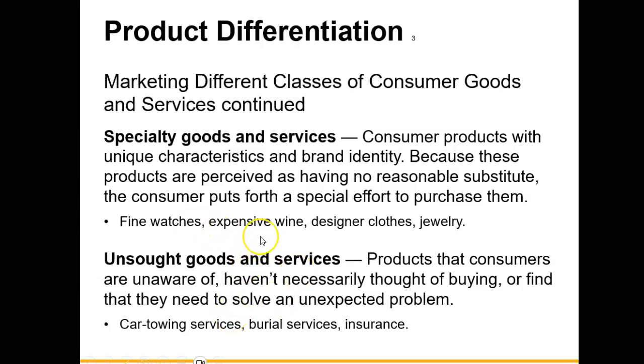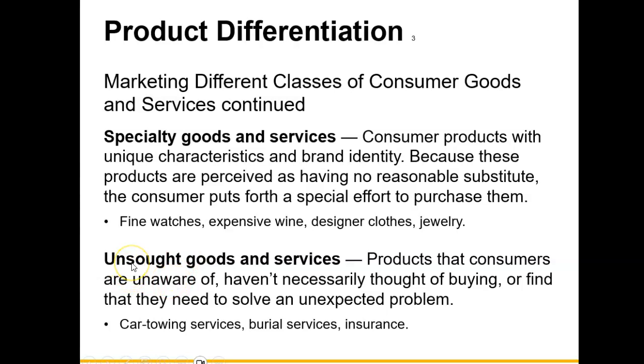Expensive wines. Perhaps you have a favorite wine that you like to drink. Designer clothes. We understand that there are certain clothing items that, because of marketing, we prefer over all the others, including jewelry. So these are examples of different types of specialty goods and services.